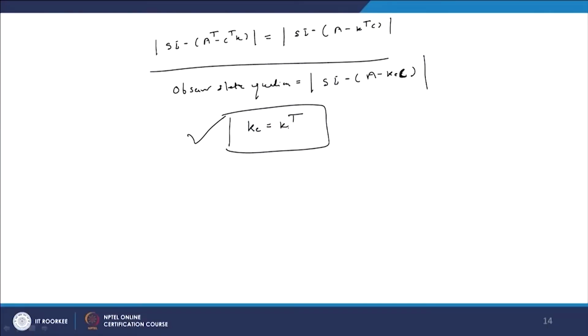Therefore, whatever methods were studied for pole placement are applicable to the observer state equation also. That means we can get the observer matrix or observer based controller using the pole placement techniques. Here we see only one method, and similarly you can use other methods. So, here we see the Ackermann approach.